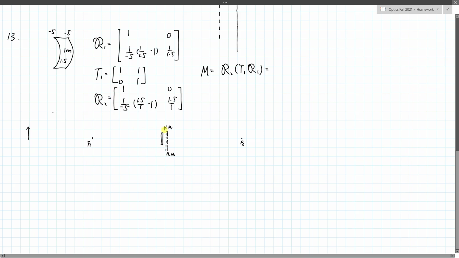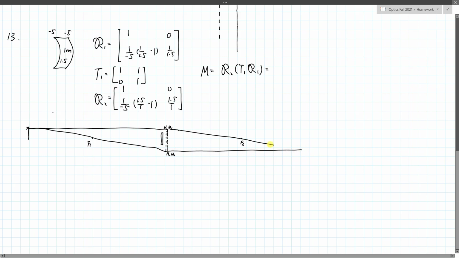Parallel hitting the second interface, that's going to go this way, right? And then also going through this, going to hit the first principal plane and become parallel. So that would be the image, right?